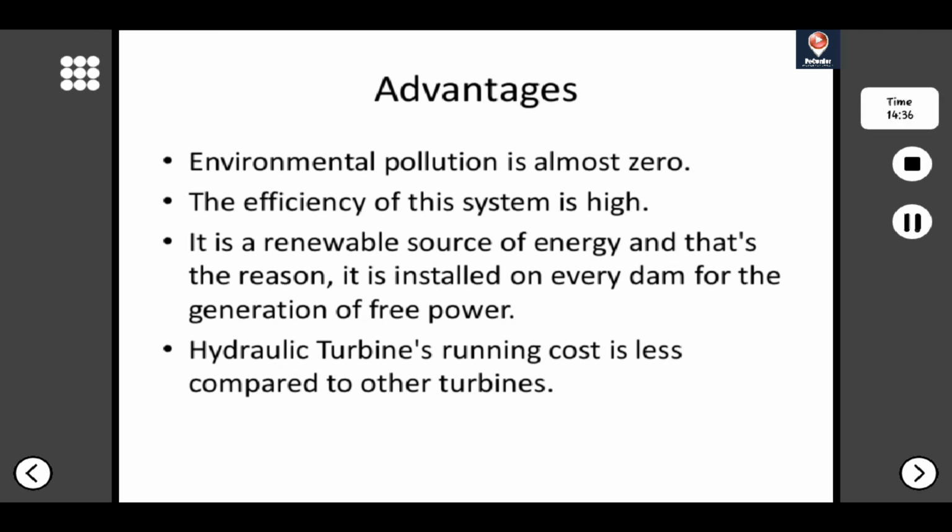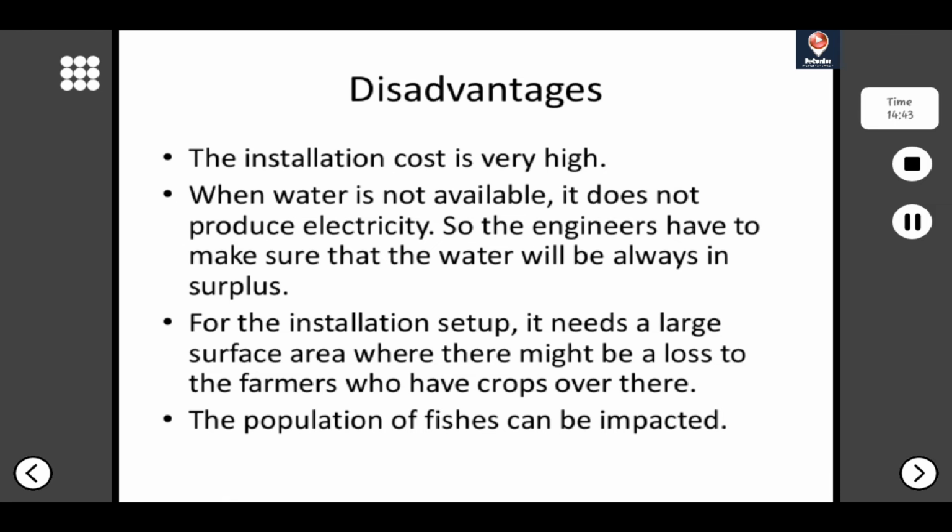Although it has some advantages, let's see some of the disadvantages of the hydroelectric power plant. When we see the disadvantages, the installation cost of this plant is very high, and we all know the main important source of this power plant is water.